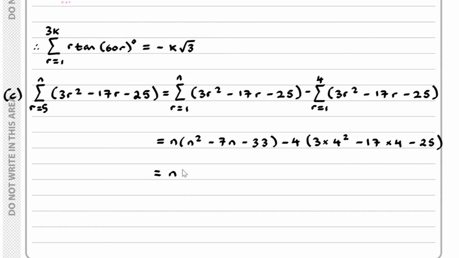So what we have then is n times n squared minus 7n minus 33, and then we add on 180.